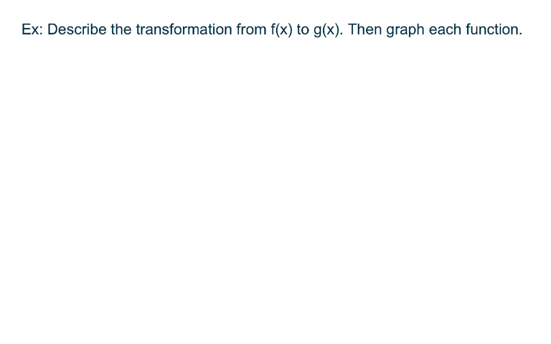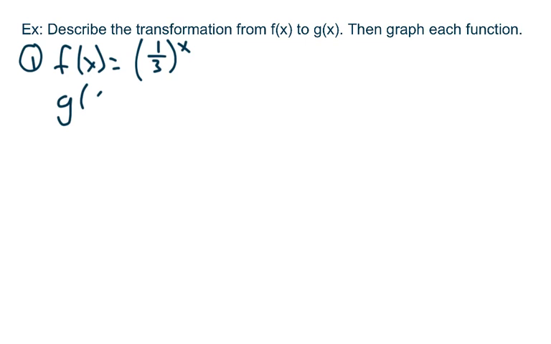Describe the transformation from f of x to g of x and then graph each function. Number 1: f of x is equal to 1/3 to the x power, and g of x is equal to 1/3 to the x power minus 5. The minus 5 is not part of the exponent.